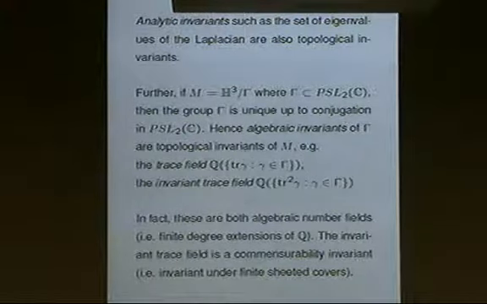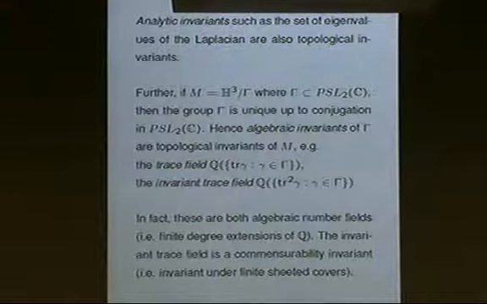That allows you to find lots of algebraic invariants. For instance, there's a trace field, which is a field generated by traces, or if you like, plus or minus traces of all the elements. Because the trace is invariant under conjugation, you get a well-defined trace for each element.